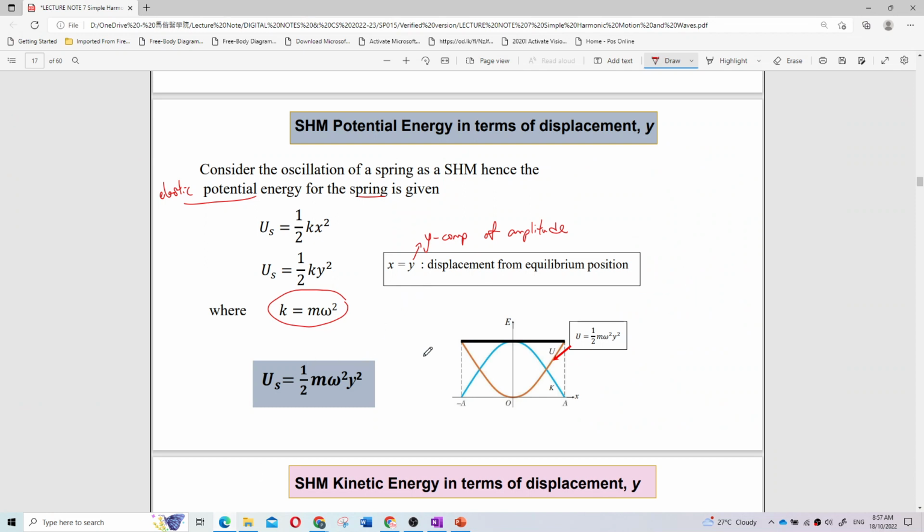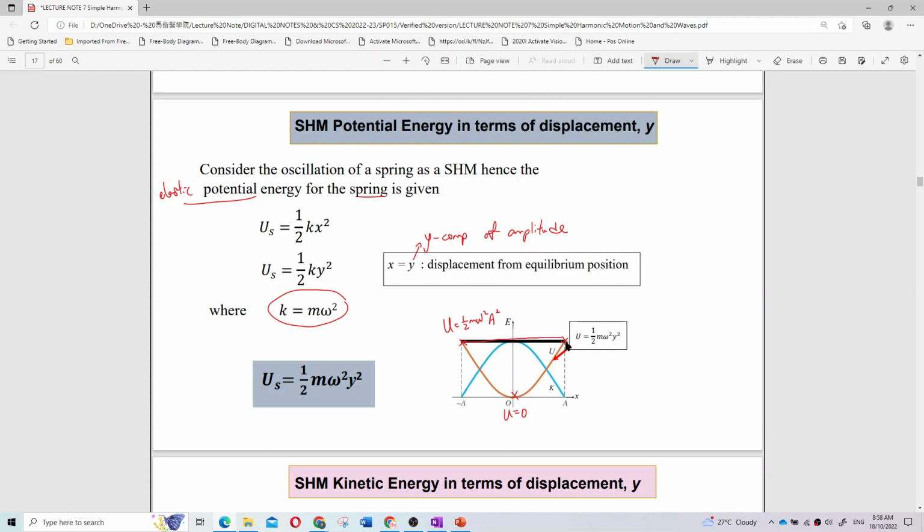Okay, so see, this is the graph. See the graph of potential energy. At equilibrium, potential energy is 0. But at amplitude, the potential energy is maximum, which is half m omega squared a squared.